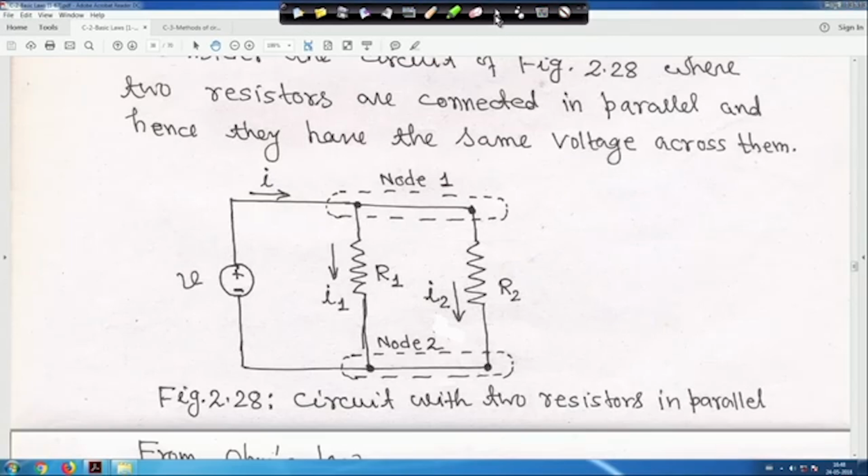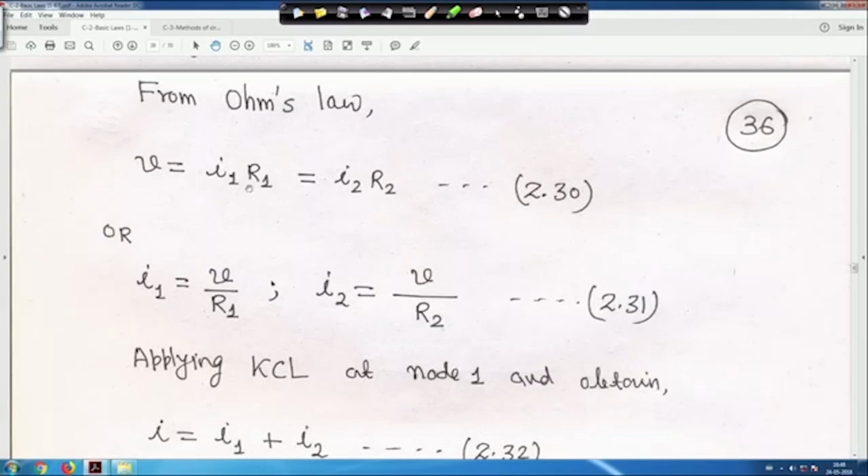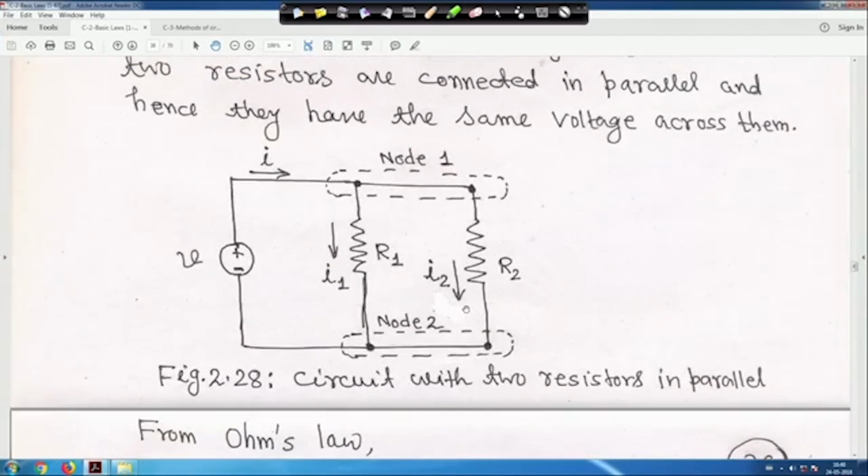So, from Ohm's law, V is equal to I1 R1 is equal to I2 R2 we can write. Therefore, from this equation we can write I1 is equal to V upon R1 and I2 is equal to V upon R2, right. Apply KCL at node 1, I have told you that I is equal to I1 plus I2.